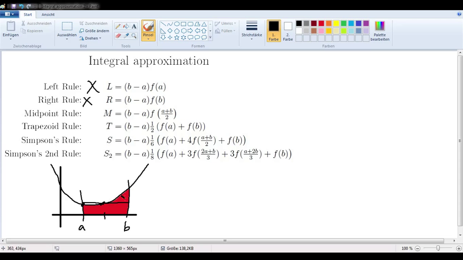Obviously we're leaving a whole lot out here, and we're getting a little bit back here, but it's not going to be exact. And the trapezoid rule, obviously if we take this point and we take this point, because the trapezoid rule gives us 2 points, we connect those. Obviously we have a whole lot here that's not part of the actual integral, so we're not going to get any sort of exact answer there either.